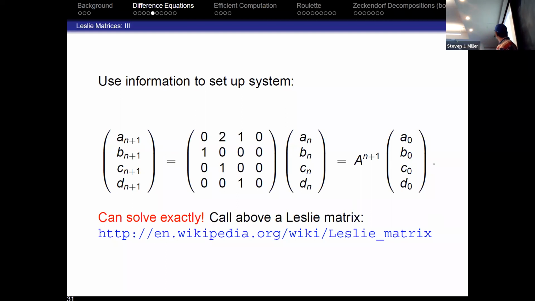Or if I keep iterating, it's the matrix to the n plus first power applied to the initial state. And now we can see what the population is at any moment in time by just computing high powers of this matrix. So these matrices are called Leslie matrices. They're actually a very famous structured matrix. Does anything look interesting in this matrix?